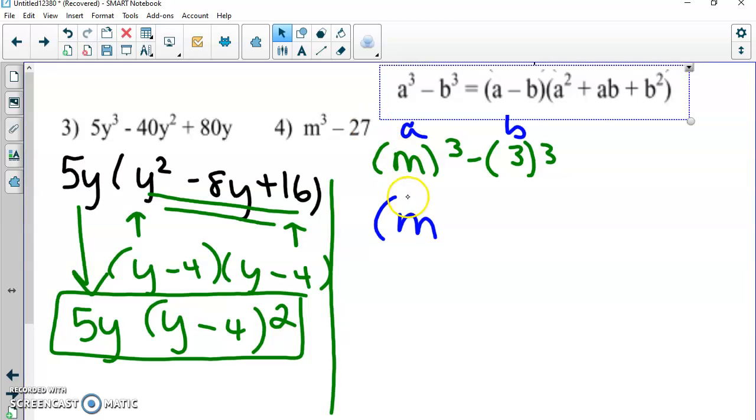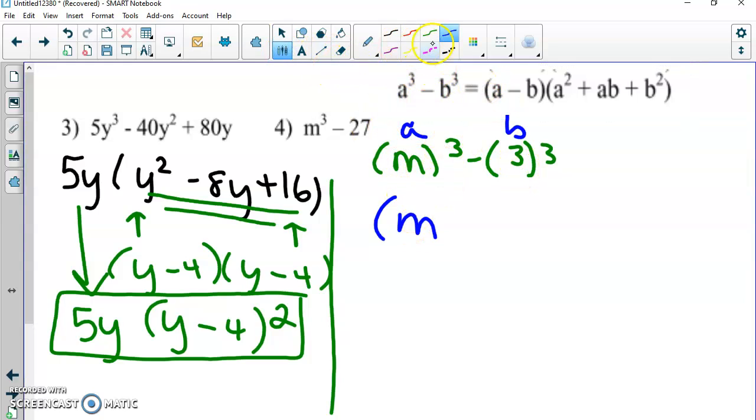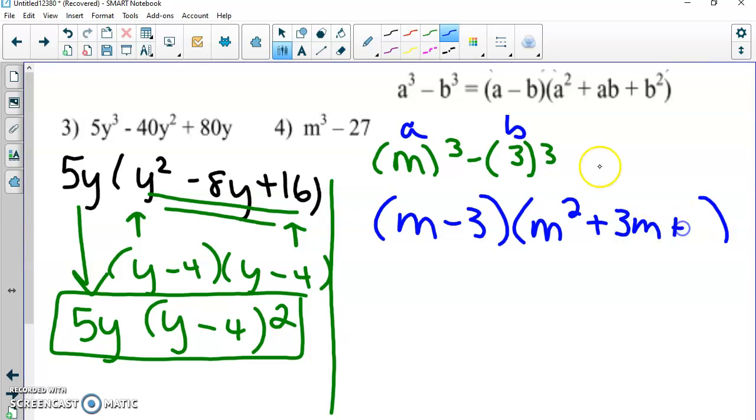Alright, so A is M, B is 3, so our formula tells us to do A minus B, so M minus 3, and the trinomial, A squared, our A is M, so M squared plus 3 times M plus 3 squared, which is 9. Please take a minute and digest that.